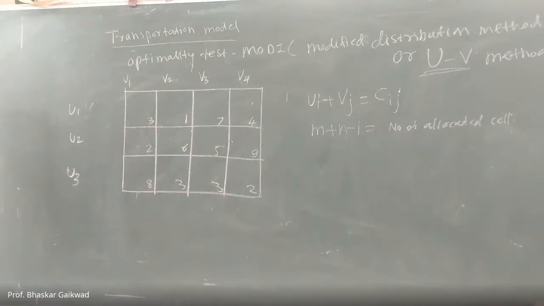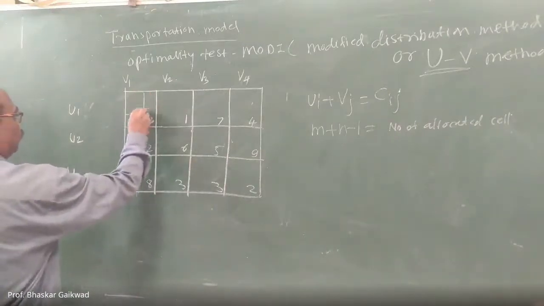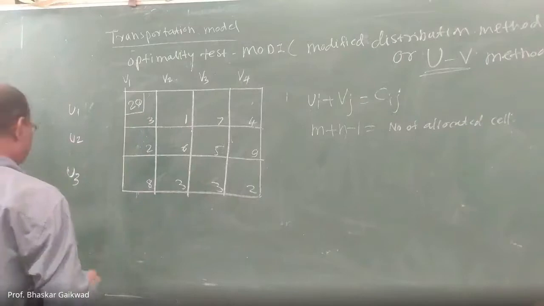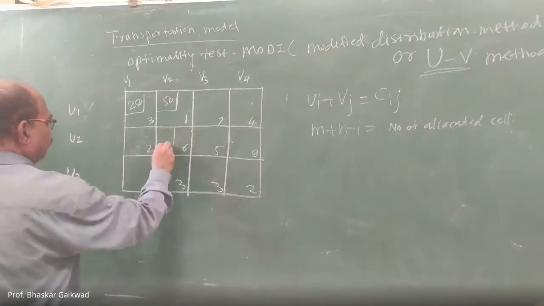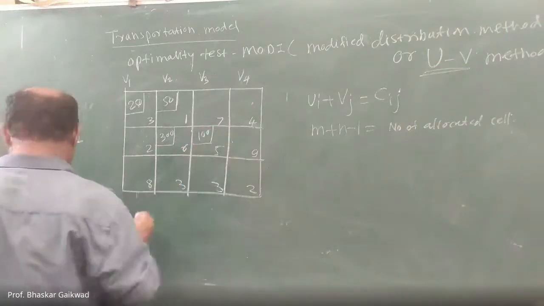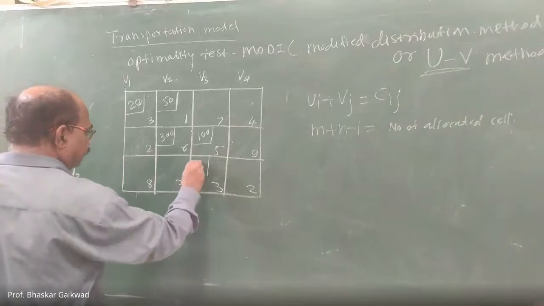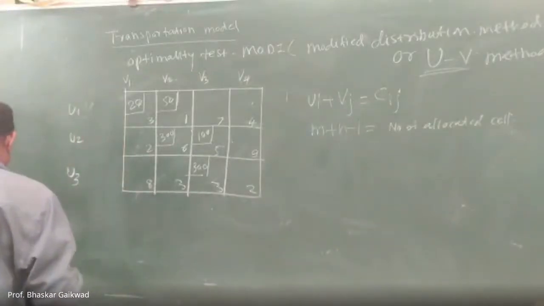Which value is there? 250, 250, 50, 300, 100, 300, 200.